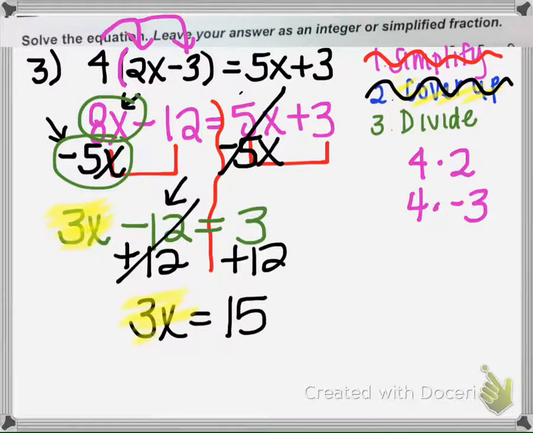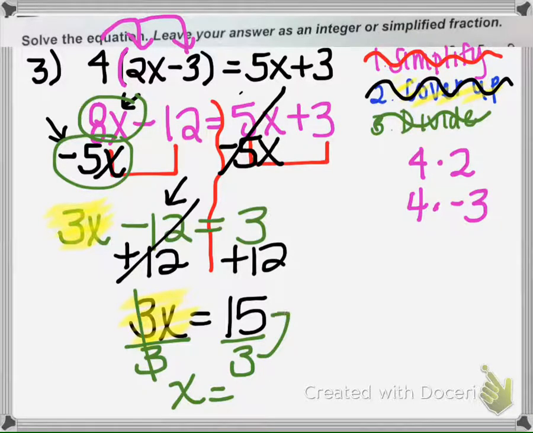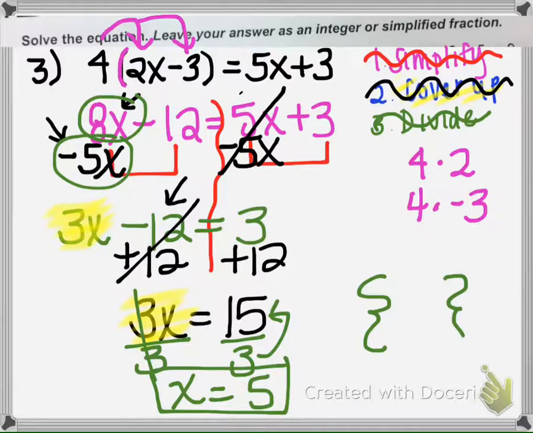We have the variable term all by itself, and now step 3 we are allowed to divide. So we get x equals 3 goes into 15 5 times. So we get x equals 5. And remember, in Connect, you will enter that answer in these brackets here.